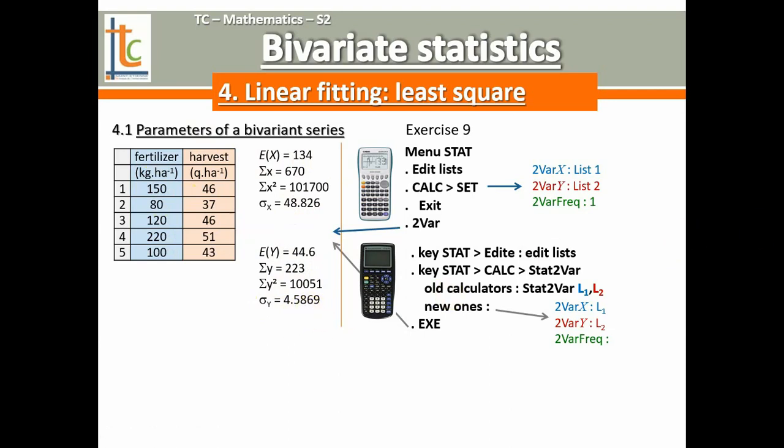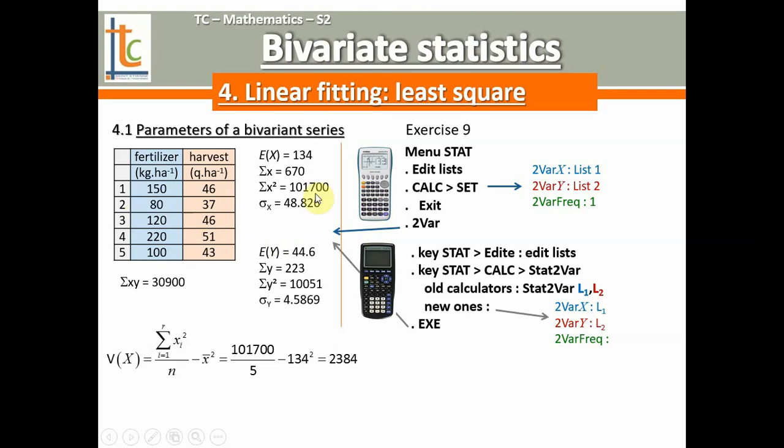And then you have by yourself to finish the calculations of the variances and the covariance. A variance, so let's display it directly, corresponds to this formula, König's theorem. The sum of x squared has been calculated by the calculator, 101,700, divided by 5.